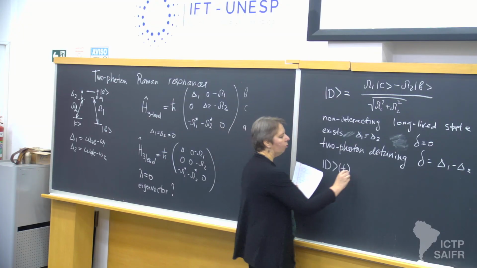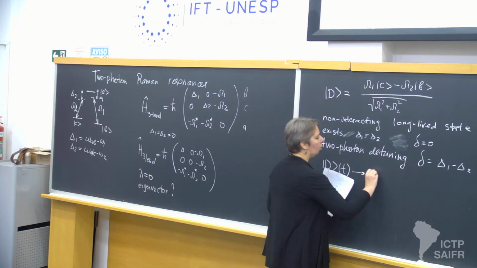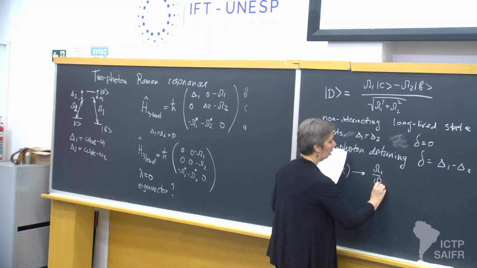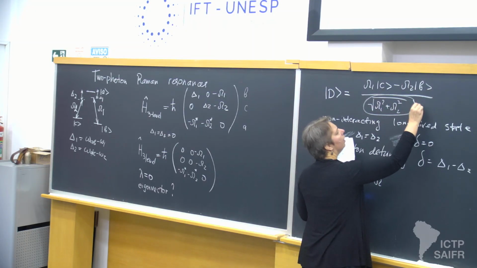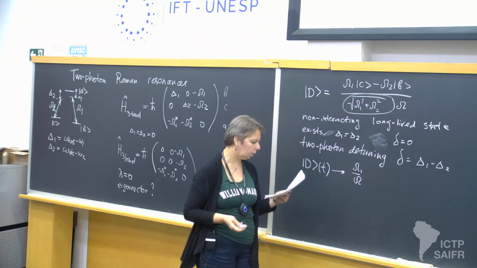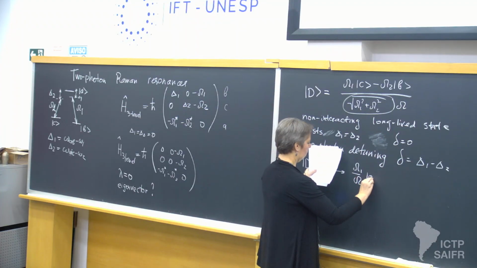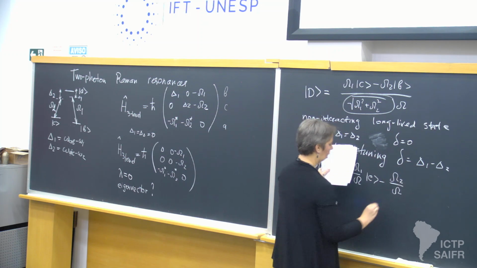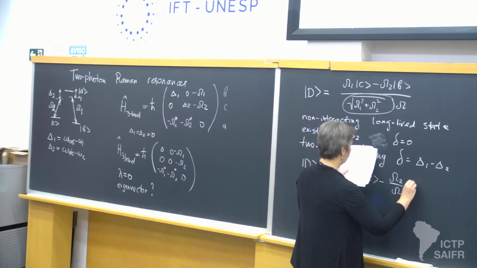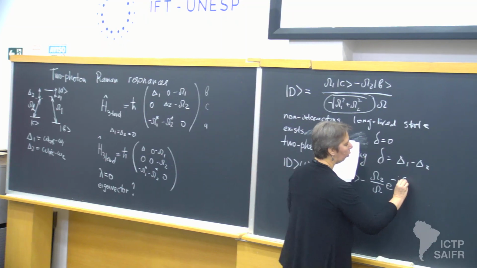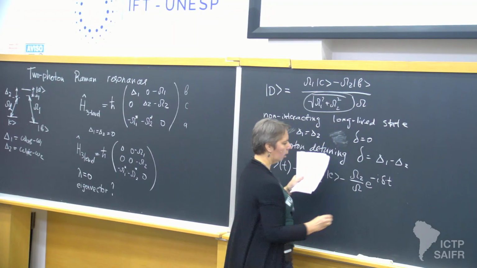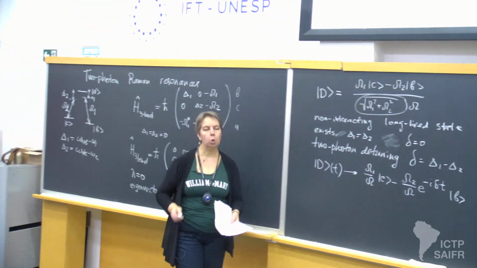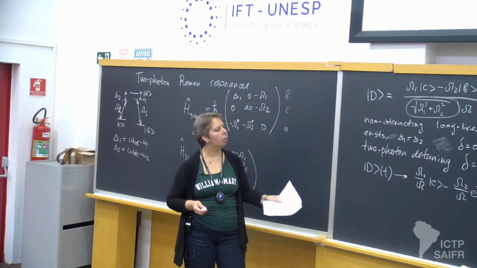The way it evolves is that we have, let's say, Omega 1, and let me call this factor Omega, because it's just a normalization condition, times C, minus Omega 2 times Omega, e to the minus i two-photon detuning times time, state B. You can show it explicitly from the Hamiltonian.